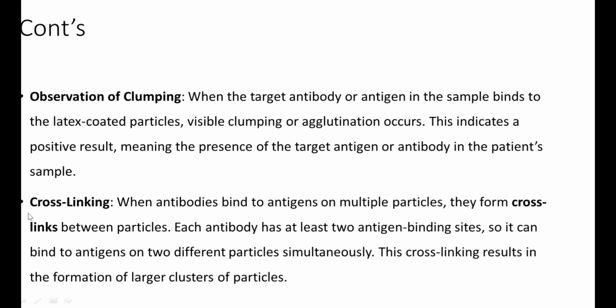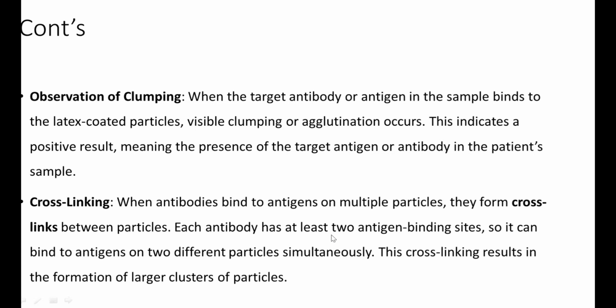The last stage is cross-linking. For the antibody-antigen interaction to form clumping, it needs to cross-link the antigen. When the antibody binds to the antigen on multiple particles, they form cross-links between the particles in order to form the aggregate or the clump.